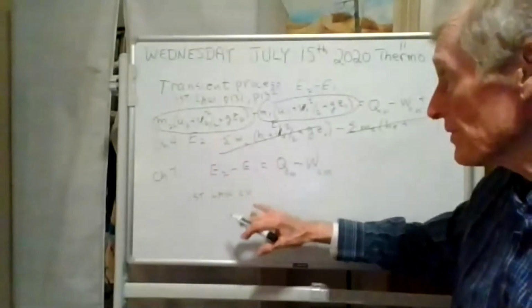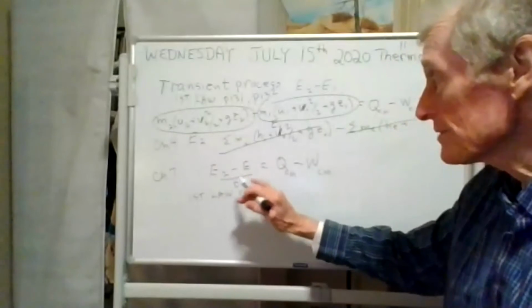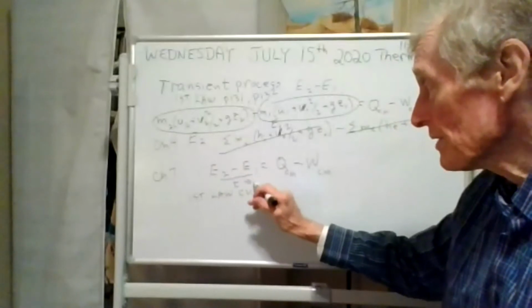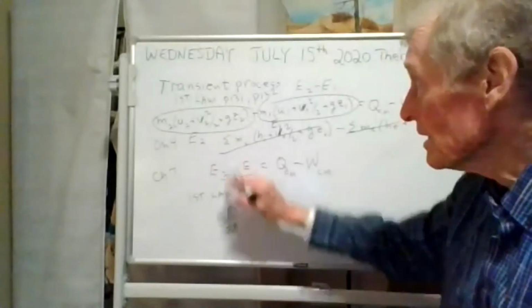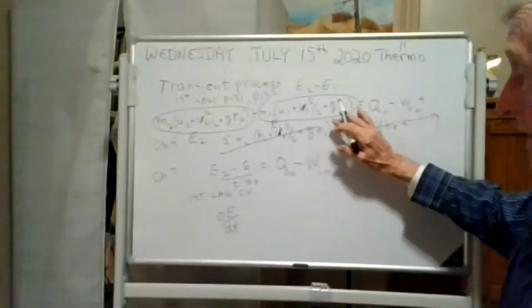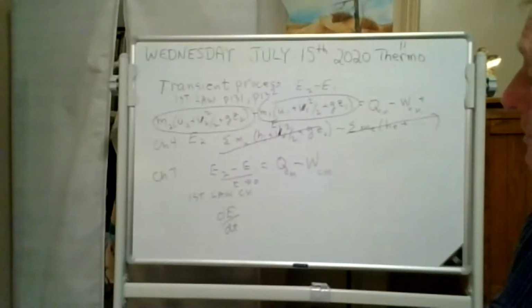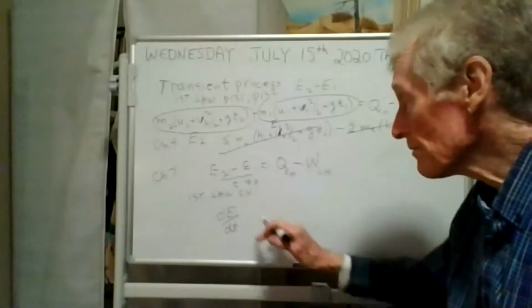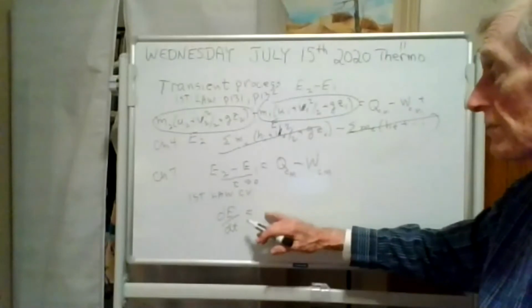If you divide this through by time and make the time approach zero, then you'll have dE/dt on the left side of the equal sign. And on the right-hand side, I think you can see it comes out to look like our first law that we know and love, that we've written many times before.